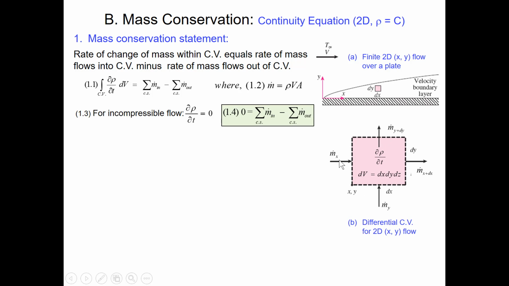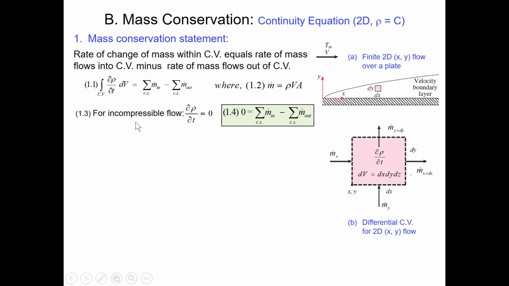Second, for such a control volume, the mass conservation states that the rate of change of mass within the control volume equals the rate of mass flowing into the control volume minus the rate of mass flowing out of the control volume, where m dot is the mass flow rate: density, velocity, area.